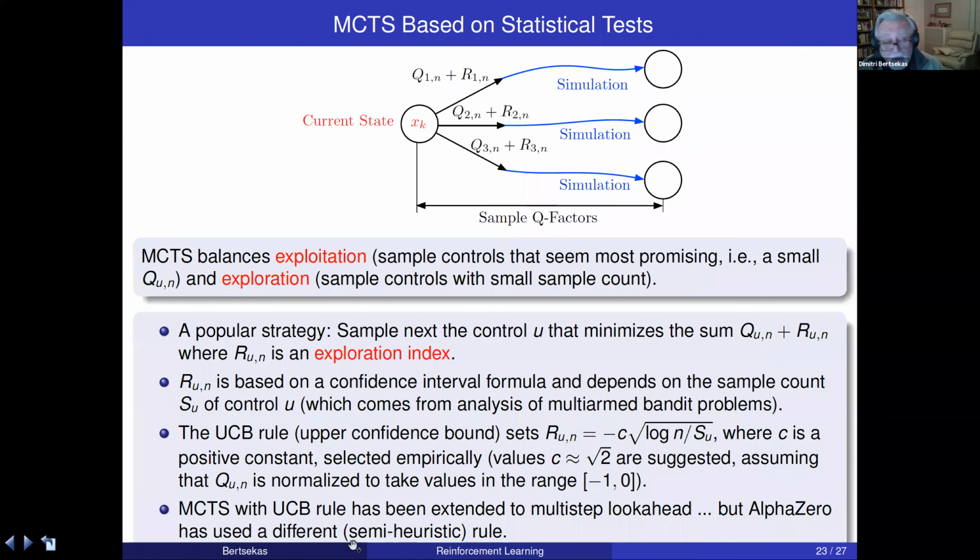I would trust, of course, the AlphaZero rule very much because of its apparent success. But why they have picked this particular formula, which you can find in their paper, is not very clear, nor do they explain fully. Needless to say also that this UCB rule is based on multi-arm bandit problems, but it's applied to other problems that are not multi-arm bandit, that have different characteristics. So is this legitimate?